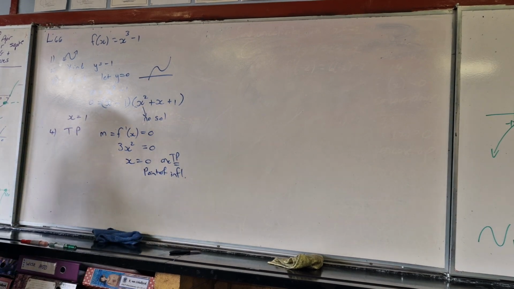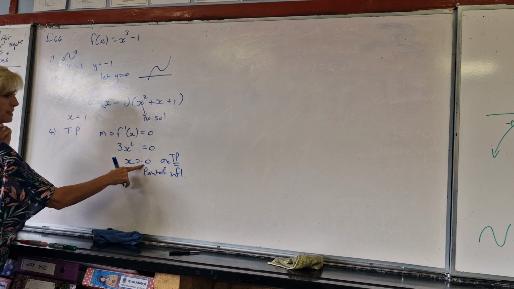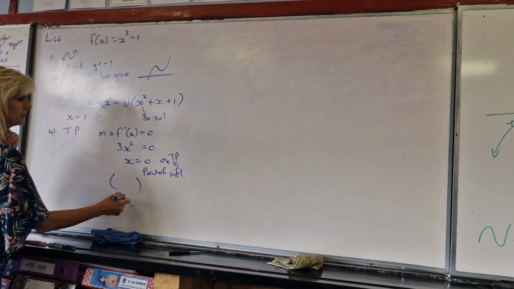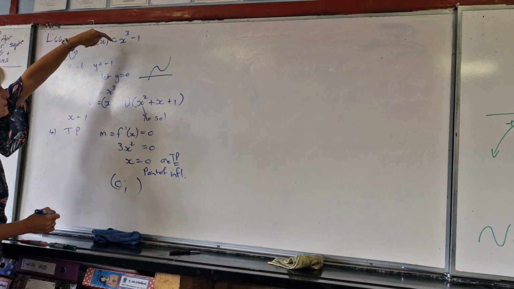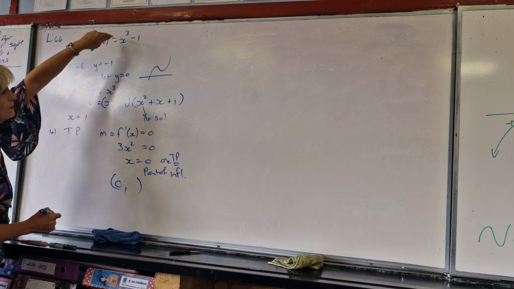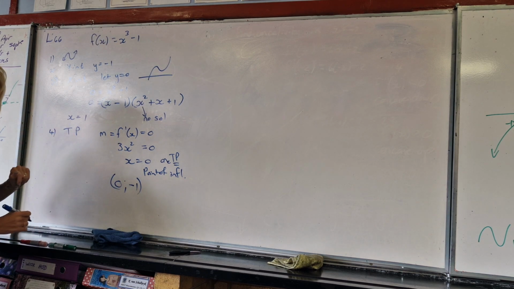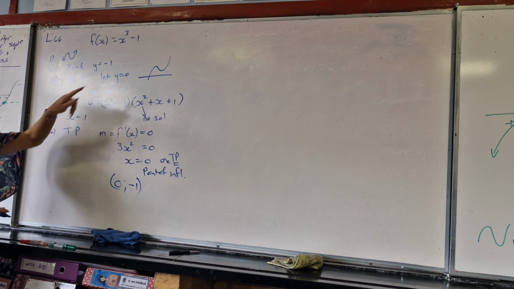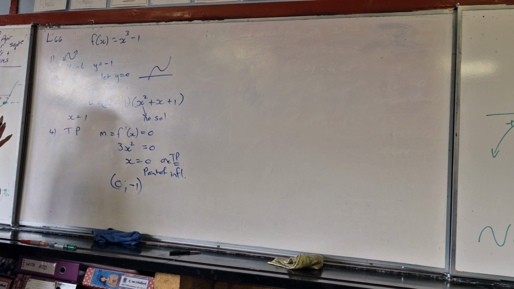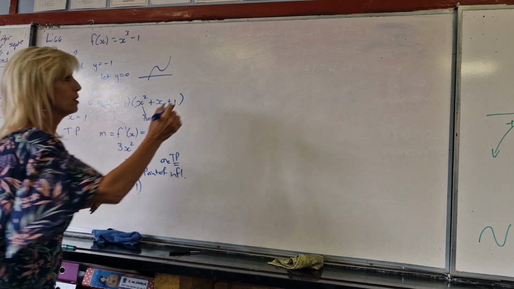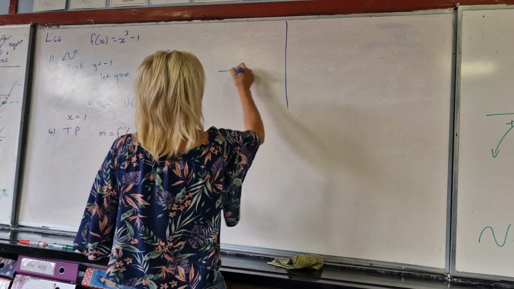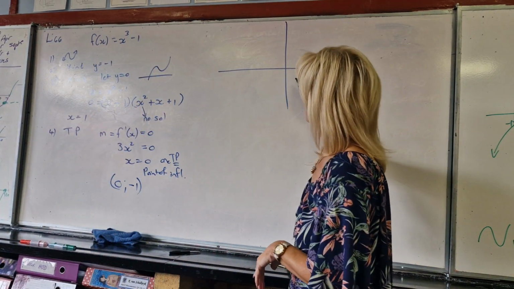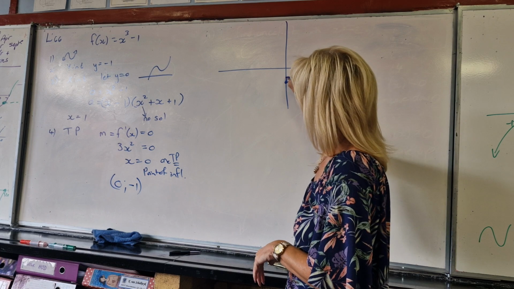Now, if you go and check it, you're going to find for x, if x is 0, the point is going to be 0 goes back into the x there. And the answer is -1, which was my y-intercept. So I've got a whole lot of just a little bit of things. So on my sketch, trying to sketch, I've got the y equal to -1.